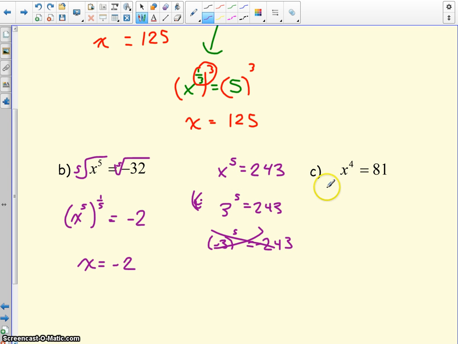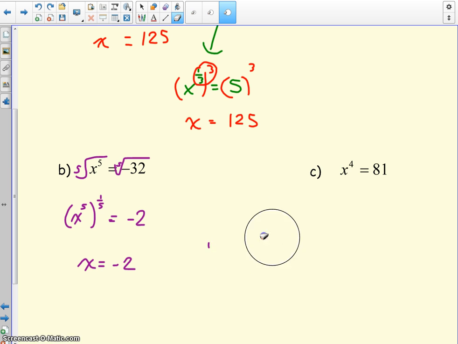You're only going to ever use a plus or minus when you're taking even roots in an equation. Odd roots like 3, 5, 7, and so on will only give you one answer. Like this one, when you have x to the fourth, what you're going to do to both sides of the equation is take the fourth root.